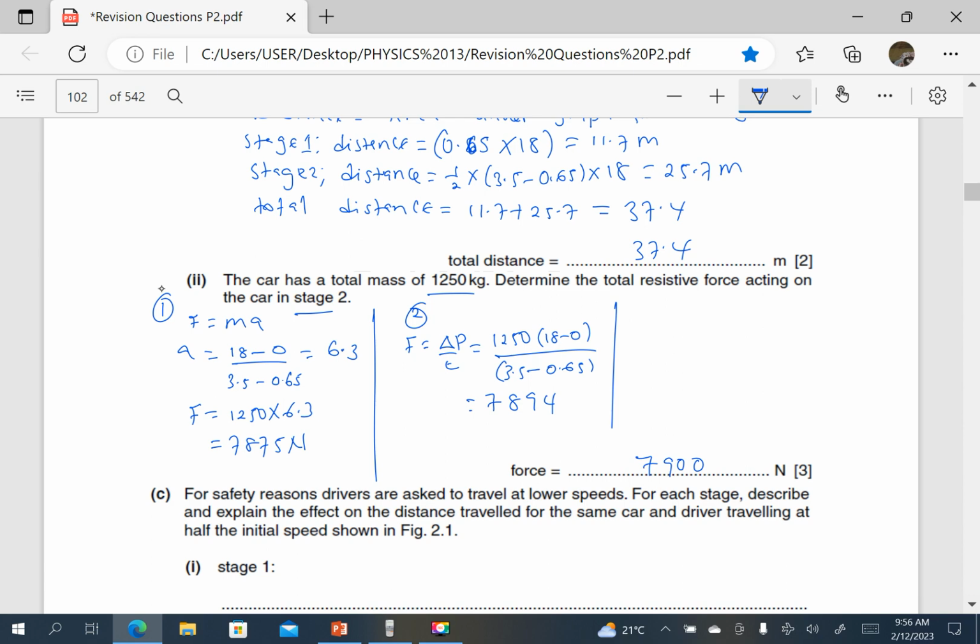That's method 2. Method 3, you can use energy conservation, kinetic energy. We know that kinetic energy EK is a half mv squared, which will be equal to a half times the mass 1250 times 18 squared. So the change in kinetic energy is from when the speed is 18 down to when the speed is 0.